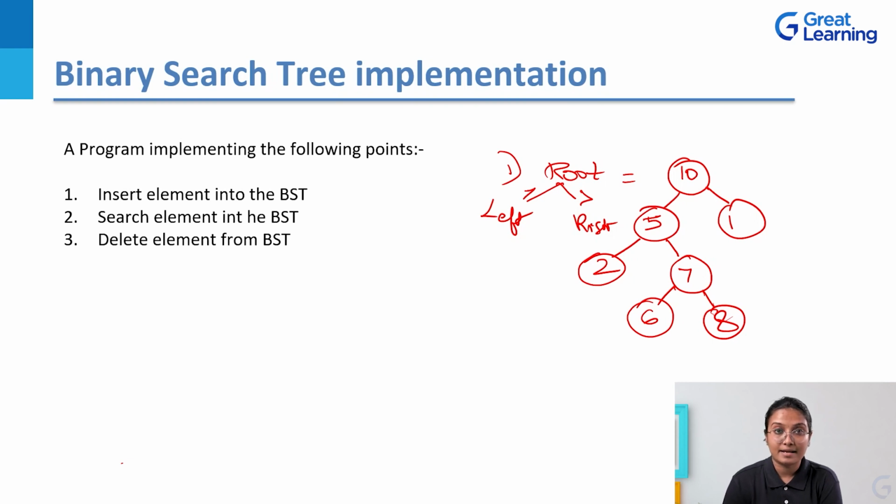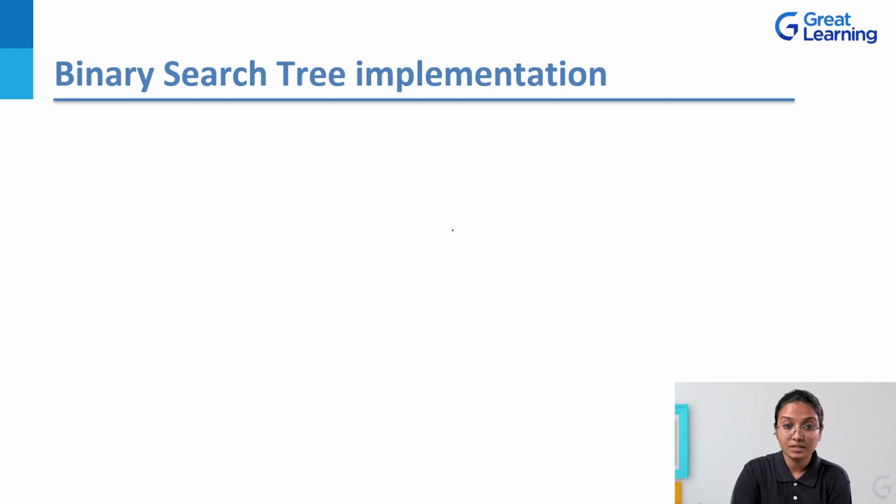So let's understand how the searching will happen with the help of pseudocode, proceeding with insert and then delete. So let's see the search operation first. So what happens in search? The first thing is the root node should be considered.